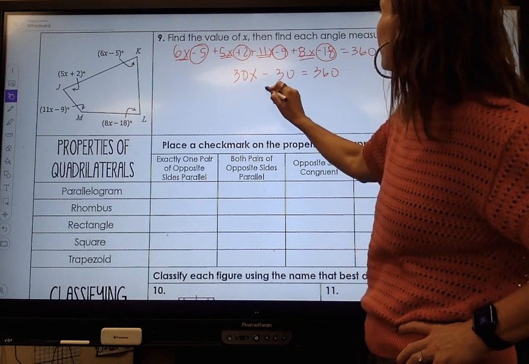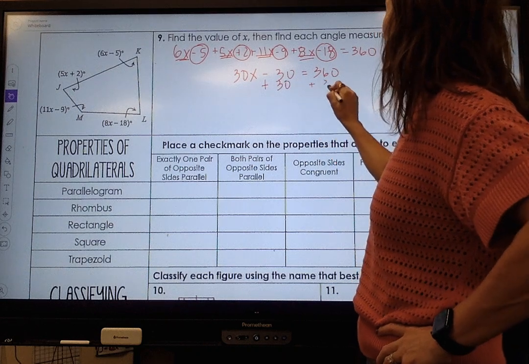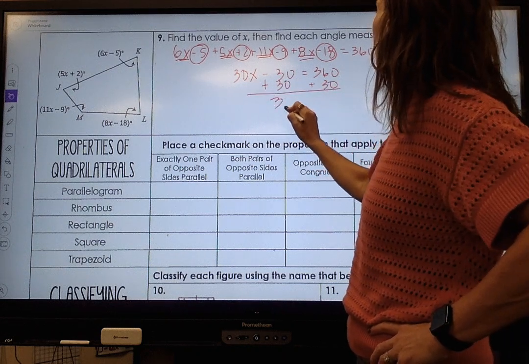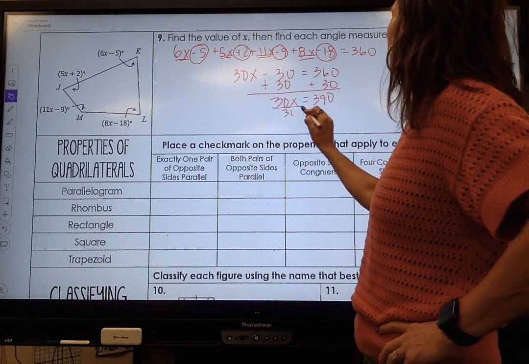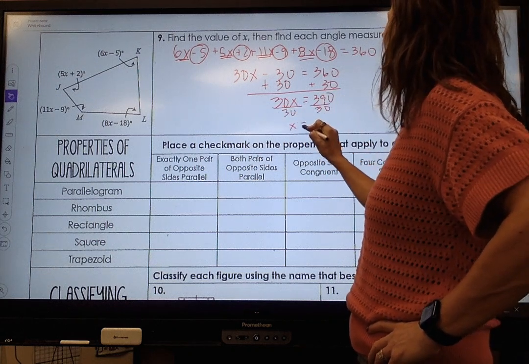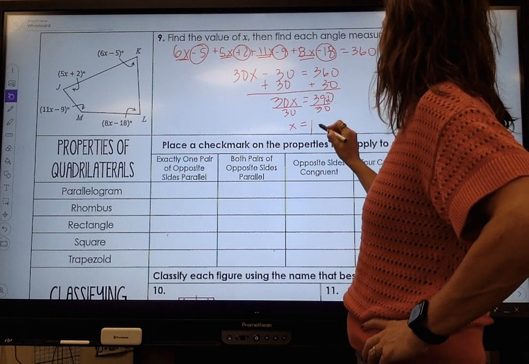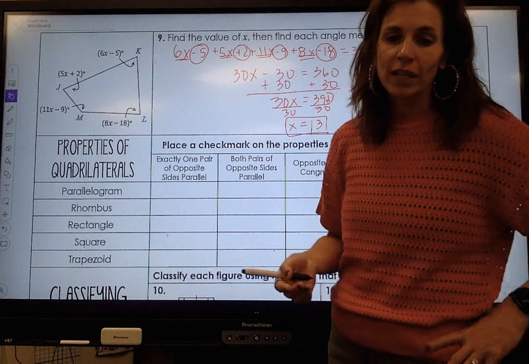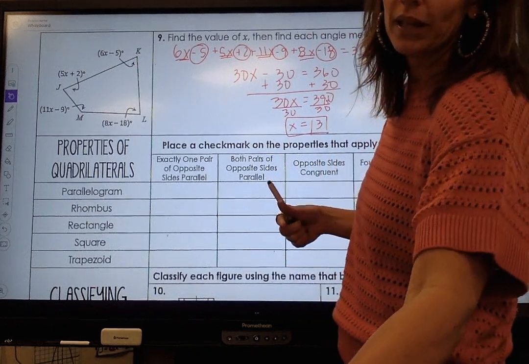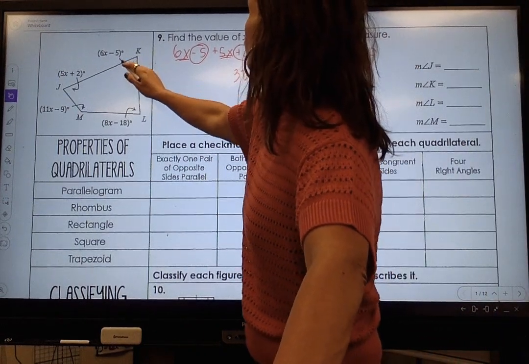So when I solve for x, add 30 on both sides. 30x equals 390. Divide by 30, and x equals 13. So now that I know x is 13, I'm just going to go back and plug in 13 for each value.